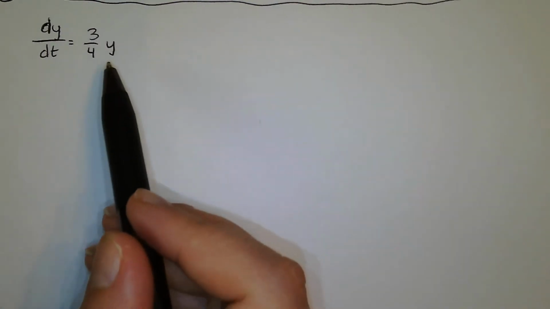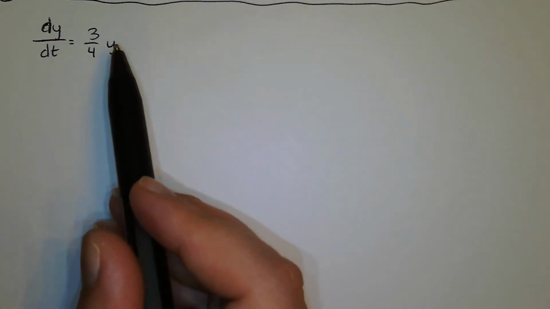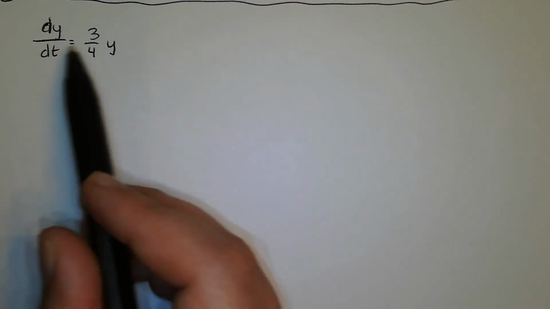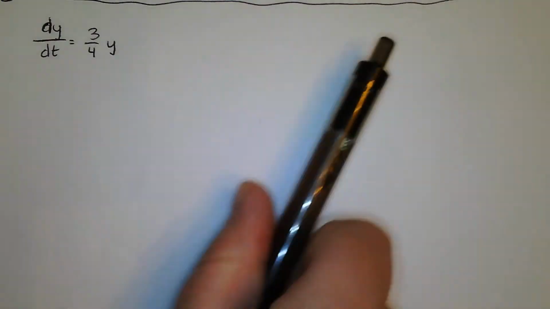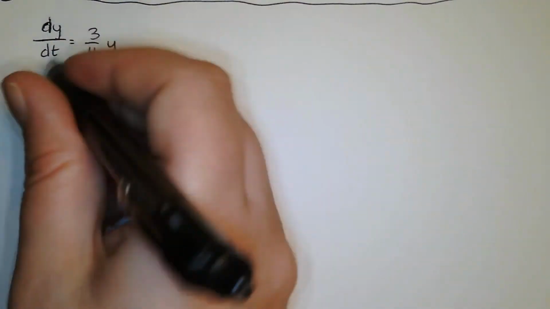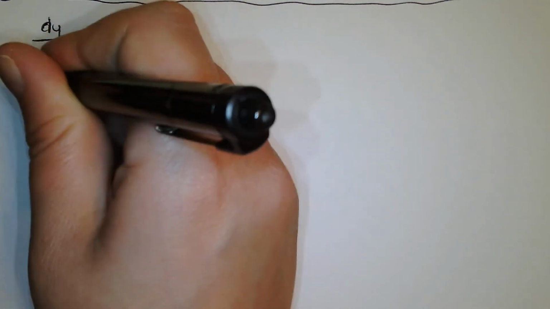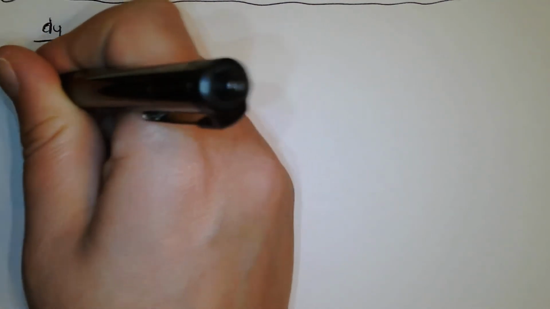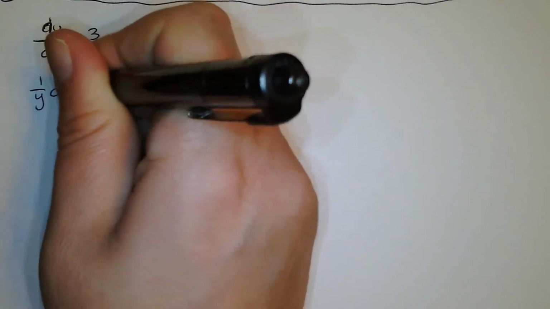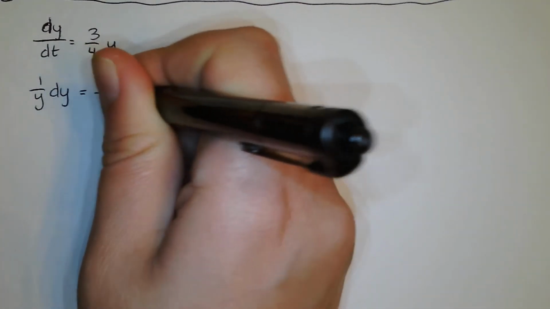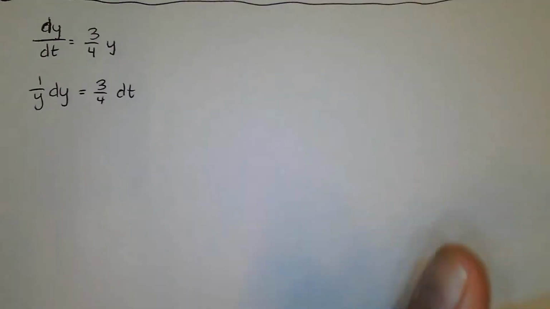So the only thing that's difficult about this one is the y is on the wrong side. So we actually have to divide away the y, multiply the dt over here. So we have to do a lot of moving around with this one. So this is going to work out to be, once we move everything out, 1 over y dy on the left is equal to 3/4 dt.